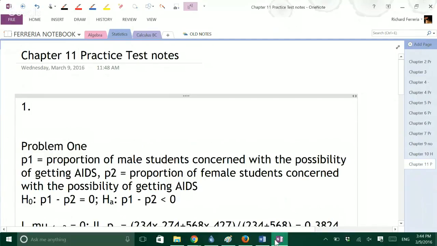Appropriate set of hypotheses. Now there's a couple ways of doing this. Depending on how you want to look at it, you could let mu1 be the male swimmers or let mu1 be the female swimmers. I'm just going to have the data presented as it is on the paper, and I'm going to say that mu1 is going to be the male swimmers.